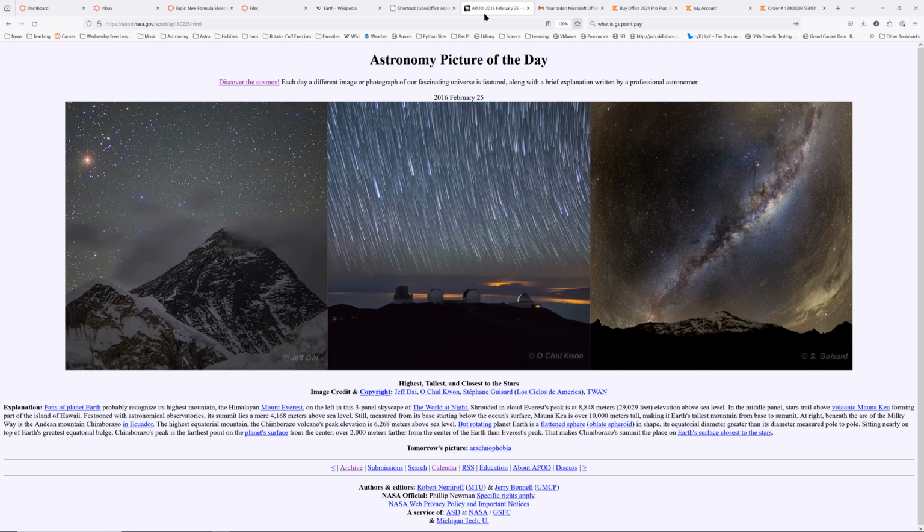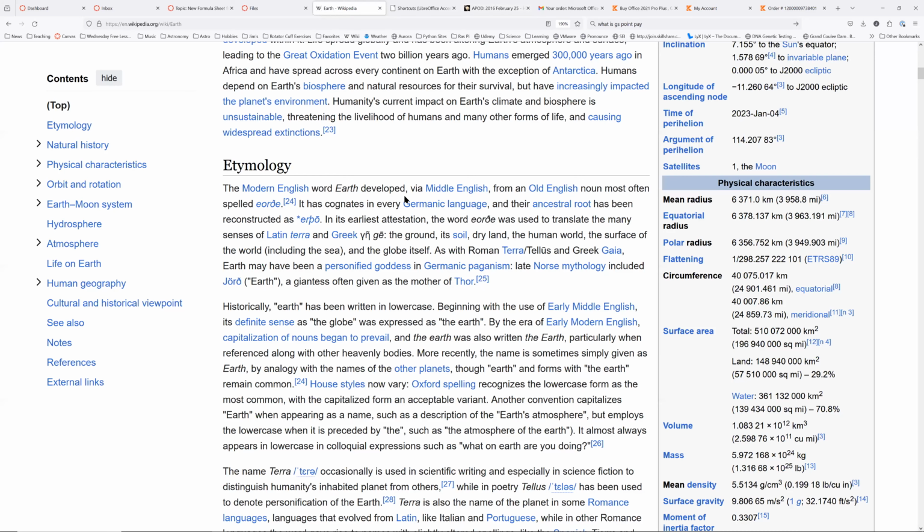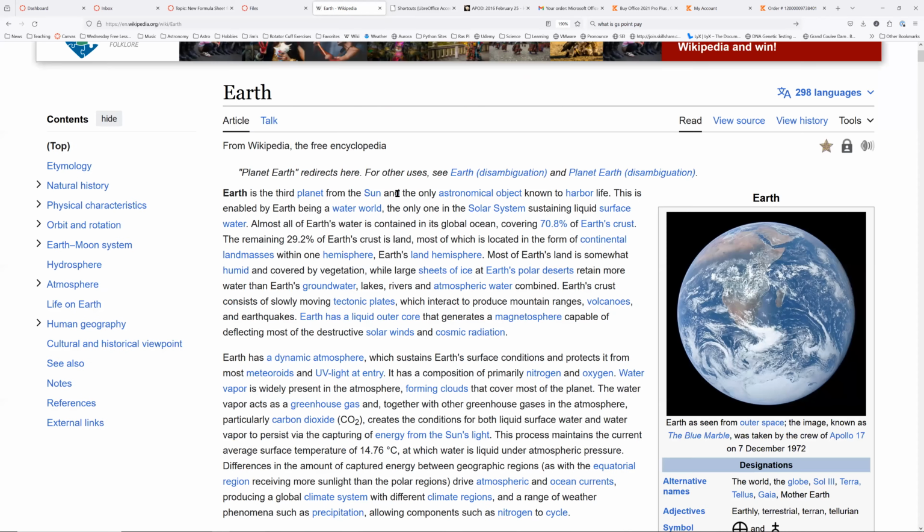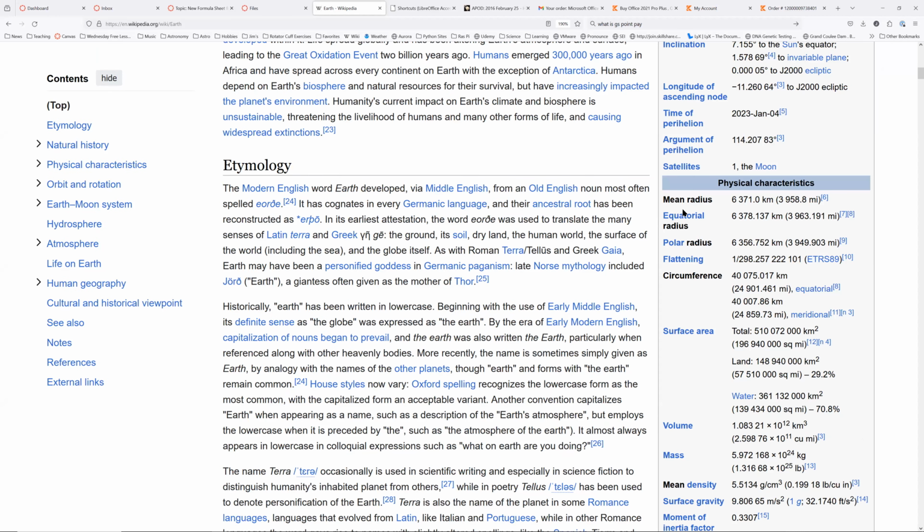Let's see. I'm hoping if I change my view here to this is the Wikipedia page for the Earth, and it's got some stuff here. Physical characteristics here. Mean radius. I better switch my view and make sure we're seeing what I think I am here. New share. Oh, good. Okay. We'll just stick with what we've got here. Anyway, it's got this mean radius.